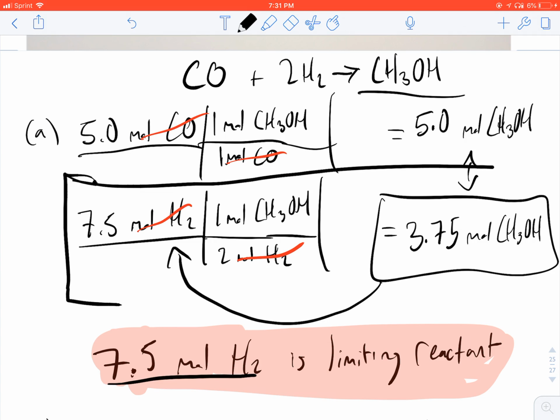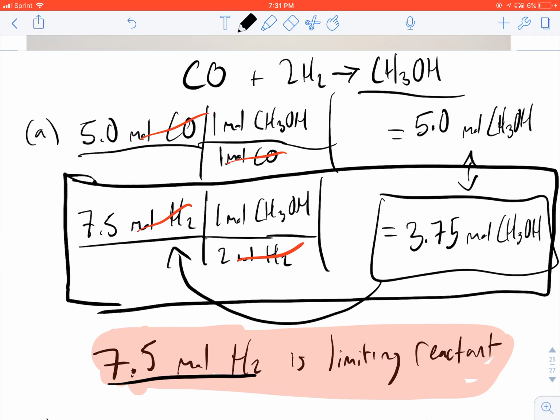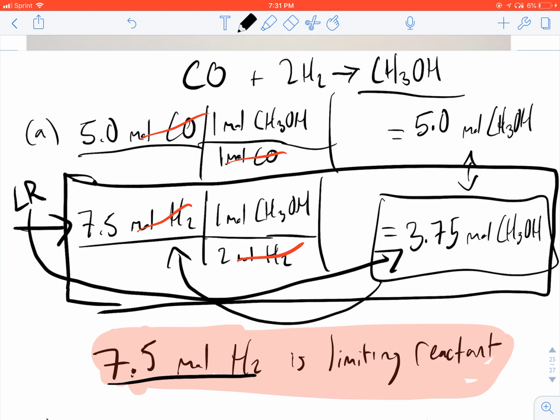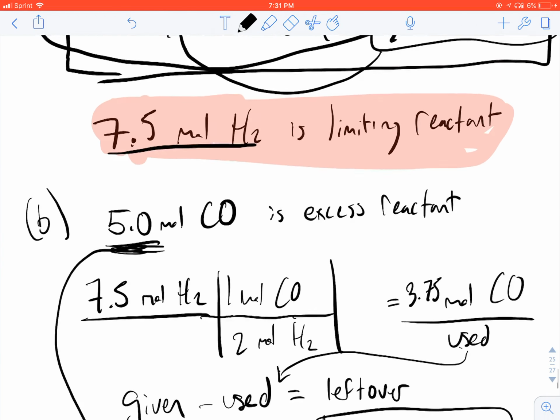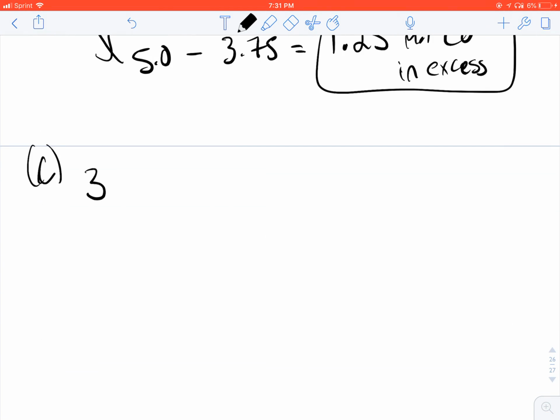In order to calculate that, we're going to use this portion right here. The reason that I'm choosing this portion right here is because we know that this is our limiting reactant, and our limiting reactant dictates how much product we can make. So our limiting reactant is making 3.75 moles of methanol.